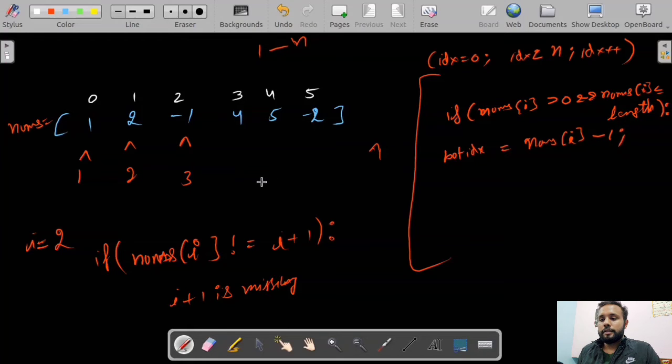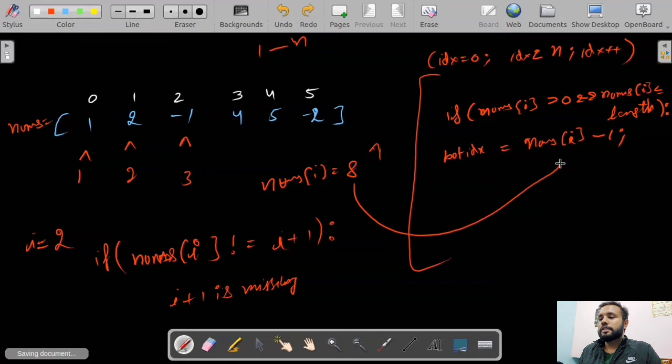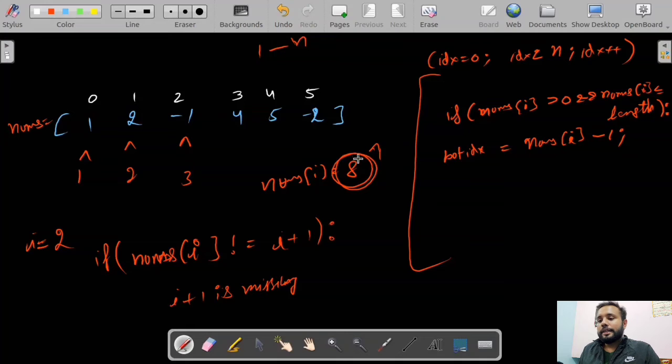Let's say nums of i is equal to 8. So for 8, the potential index will be 8 minus 1, which is 7. It means we need to transfer this 8 to index 7, like we did here.